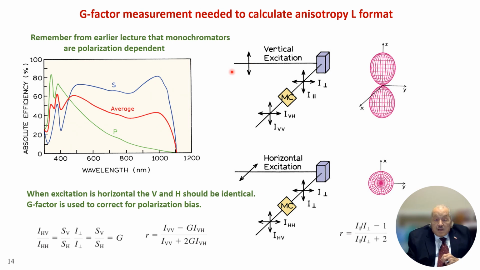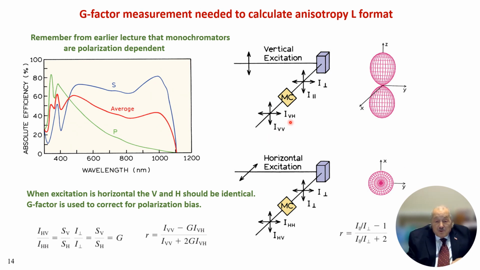So here we're exciting with vertically polarized light, and we're trying to measure parallel and perpendicular intensity. That light might be going through a monochromator, in which case we've shown in previous lectures that the monochromator efficiencies can depend very much on the polarization. So that would distort the measurements, and these two experiments back here would be meaningless because of the bias introduced by the monochromator.